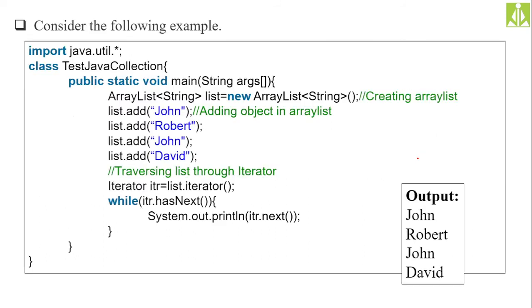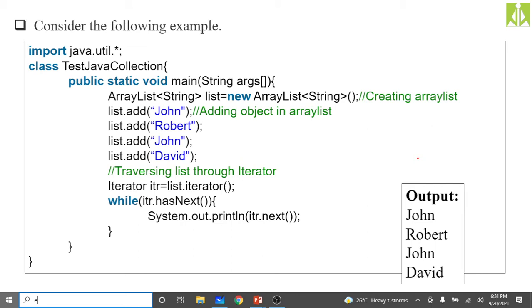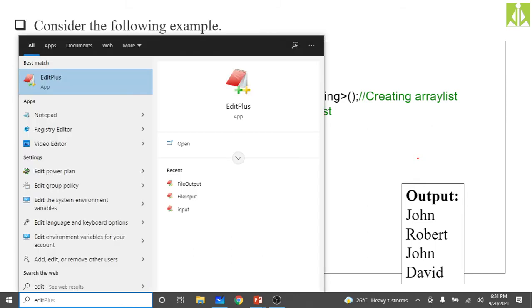With the help of a program, we will see how we achieve everything. This is a simple example, where we are using the ArrayList class for creating an array list, and we are storing different objects into that class, and using the iterator we are accessing the elements from that ArrayList class. So quickly, without wasting much time, I will open my EditPlus.